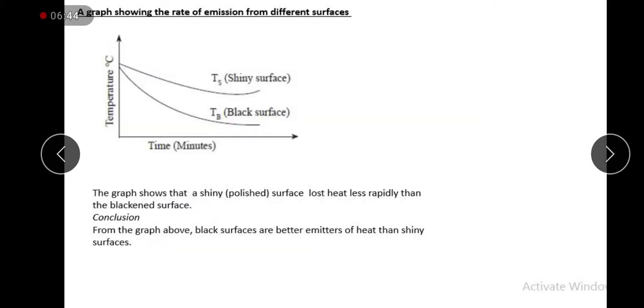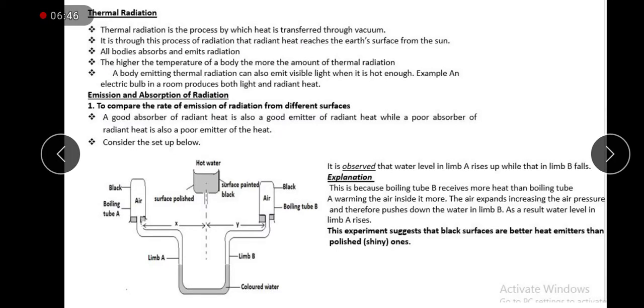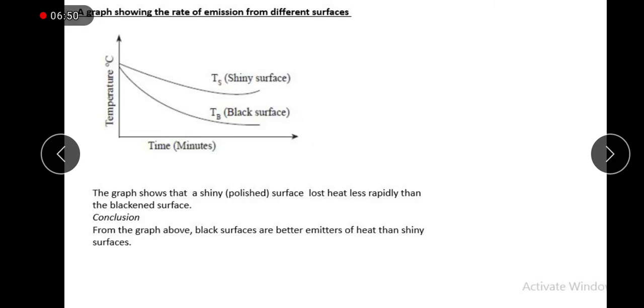Now, I want us to look at the graph. We want to relate this observation graphically. A graph showing the rate of emission through different surfaces. Now, we have this graph. Here we have temperature, and we are plotting it against time in minutes. The graph shows that a shiny polished surface loses heat less rapidly than a black surface.